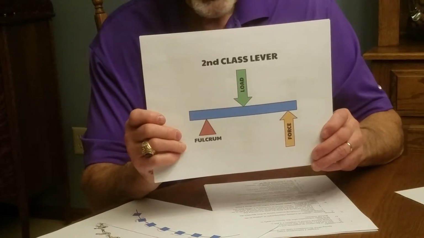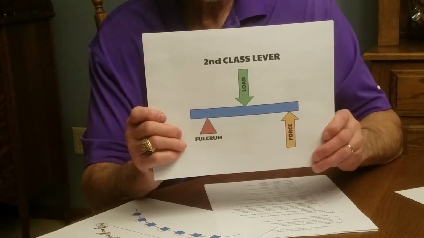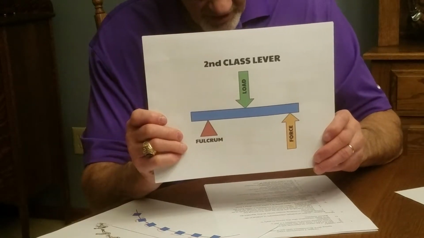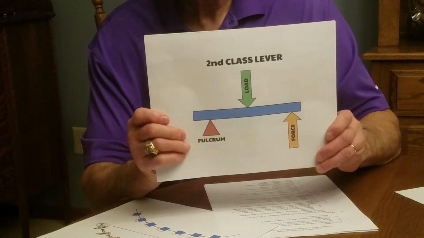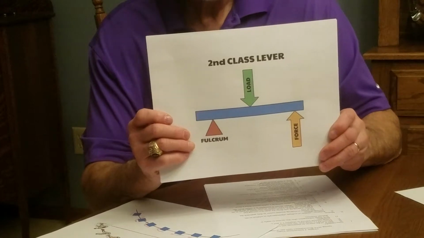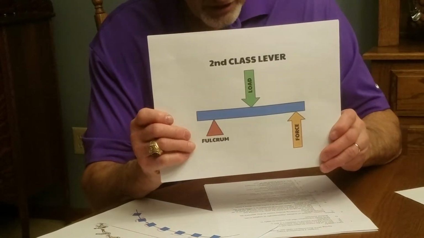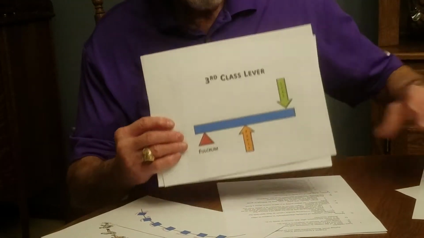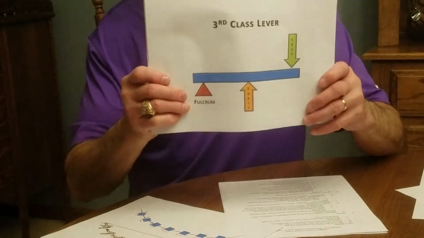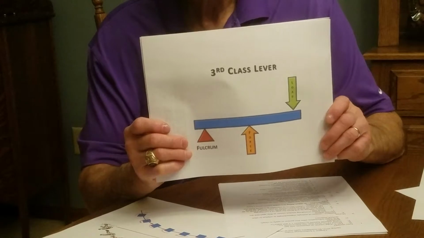There are very few anatomical examples of a second class lever. We mentioned that the wheelbarrow is a good example. A nut cracker, if you've ever used one of those to crack walnuts, that's a good example of a second class lever. Finally, the third class lever is what we deal with mostly in this particular class.